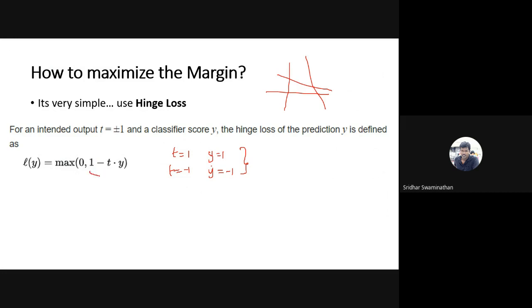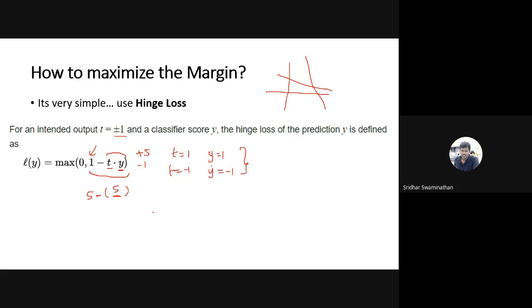Every time you are doing something like 1 minus prediction into actual. What we can do is give a high value here, for example instead of 1, we give 5. t will anyway be 1 or -1, then your y value should be plus 5 or minus 5 depending upon the situation.